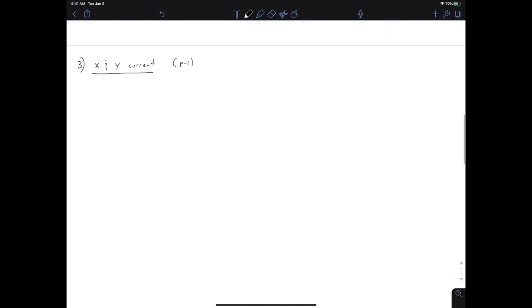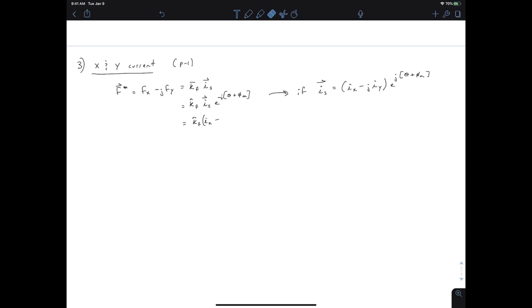And so, just as we did this for the P+1 motors, we'll now consider P-1 motors. And we get the following result. So in the case of a P-1 motor, we had the conjugate of our force vector, that is Fx minus jFy. This minus is key, is equal to the kF bar times our current space vector.